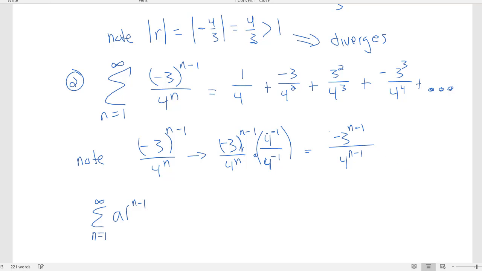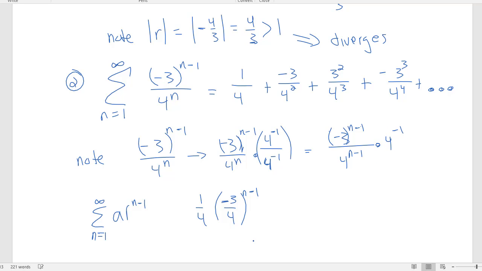Then I'm going to take this 4 to the -1 and just leave it here for a moment. Now, all of this I can do with a property of exponents like we've done before: a to the power over b to the power, and I'm going to write it all as -3 over 4, all to the n minus 1. That's a property of exponents: when my exponents match, I can just pull and divide the bases. And then I have times 4 to the -1, which is really 1 over 4.